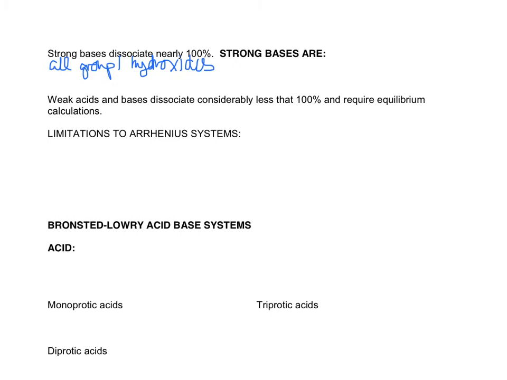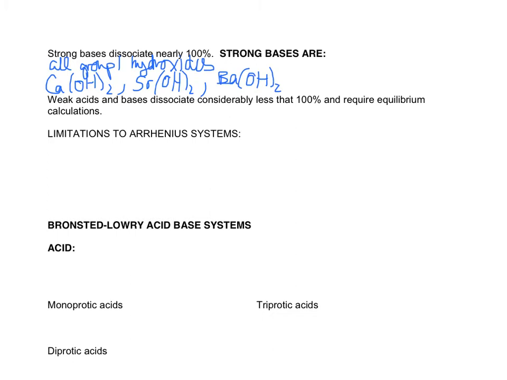And depending on which textbook you look at, they will say different things. Some say all group 2. Others say only calcium hydroxide, strontium hydroxide, and then barium hydroxide. Magnesium and calcium hydroxide, some say are strong bases, some say they're not.